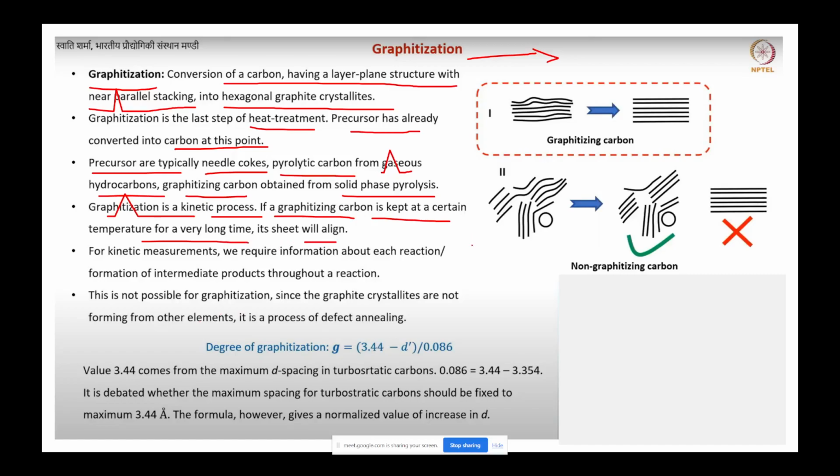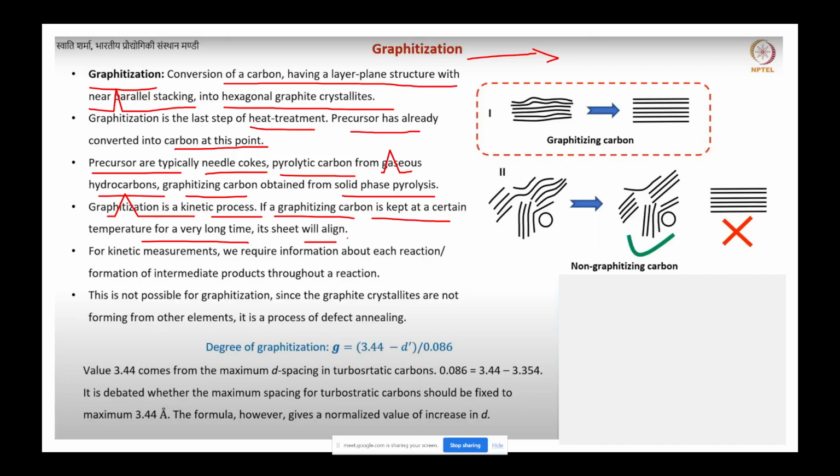So what it is saying is that graphitization is kinetic: if a graphitizing carbon is kept at a certain temperature, let's say T, for a very long time, it will align automatically.